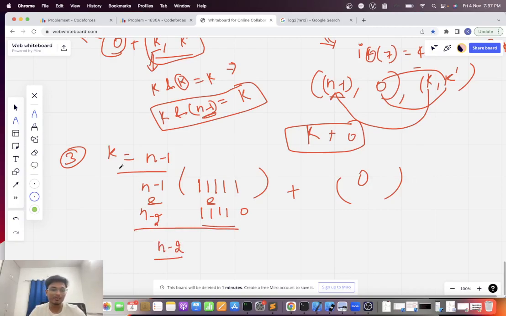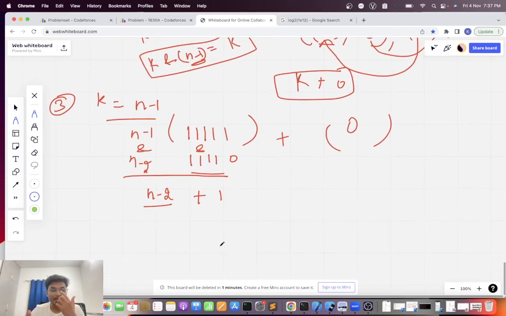Now what I need, k is equal to n minus 1. Now I need another one. Now I am actually taking out two pairs, that is n minus 1, the pair of this one, and the other pair is n minus 2 comma 1. Now I need something. How can I take the 1 value? Then I will take out a third pair, n minus 3 comma 2.